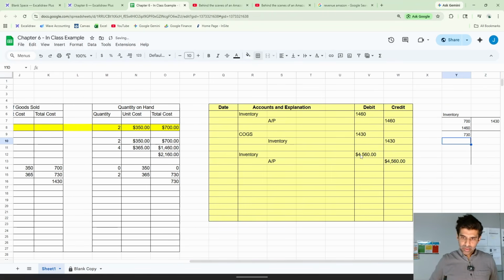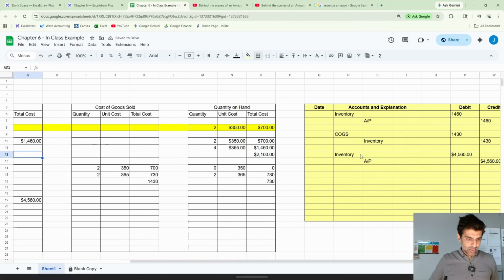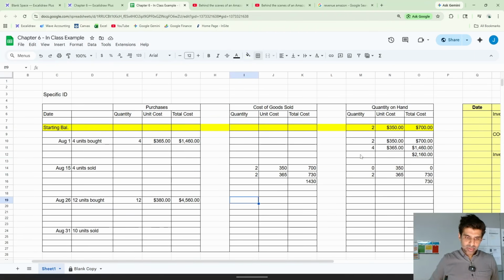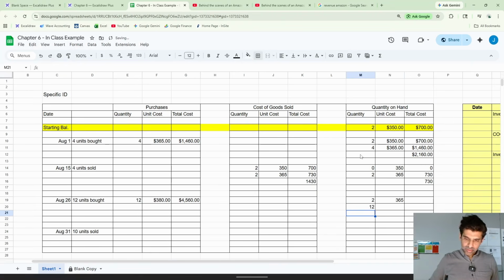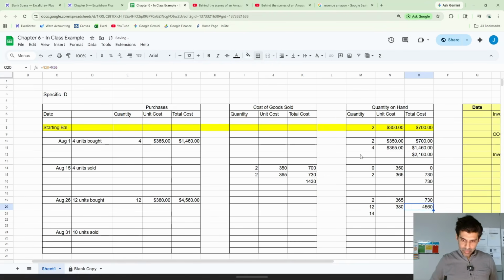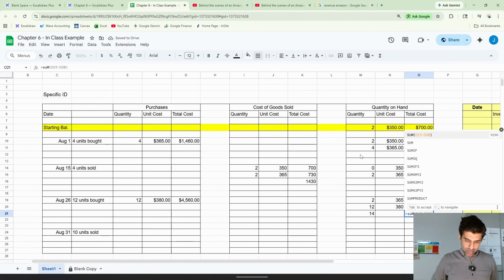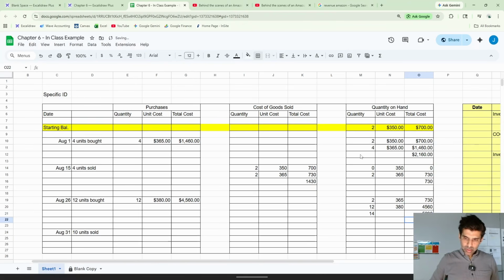Okay, so now 465, this. That's the debit to inventory. And then in my detail, I have 2 units of 365 and then 12 units at 380. So total of 14 units, and the total value is 5,290.